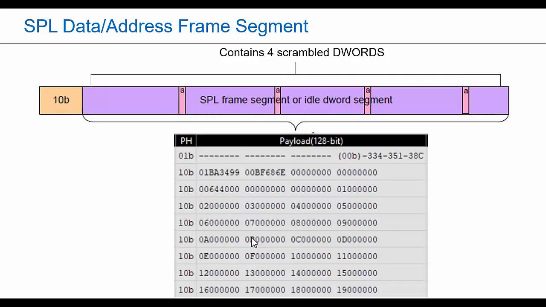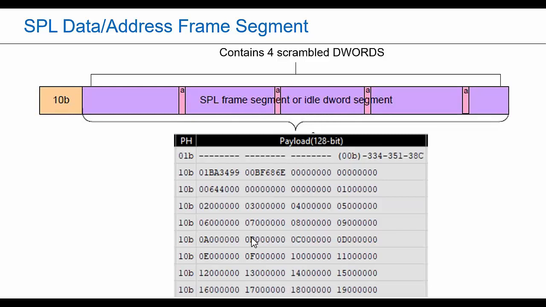Now, in the analyzer software, we have the frame inspector, which is our lowest level view of the packet mode traffic. It lets you drill down on the raw data for an individual frame. And I'll be highlighting this view a lot because it's the only way to see packets in this SPL format.